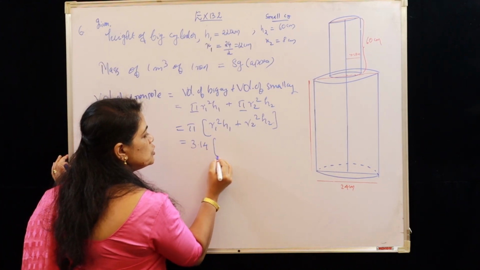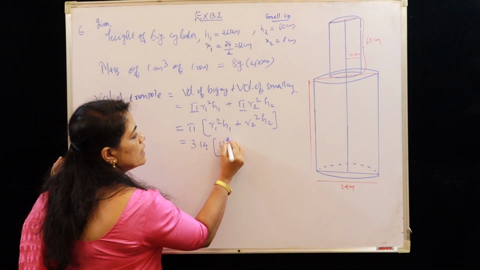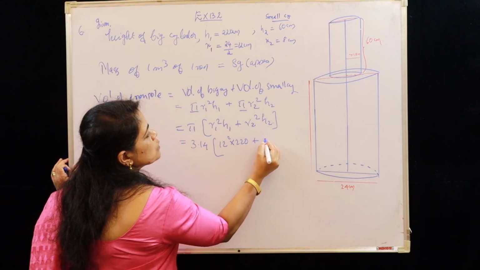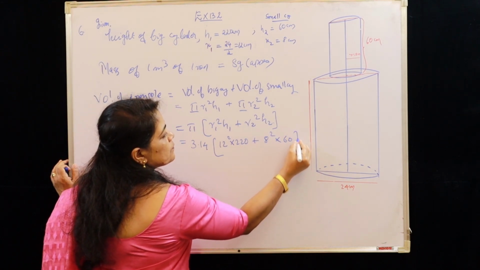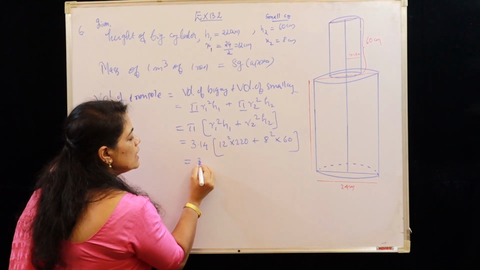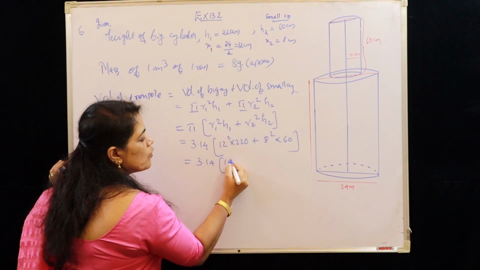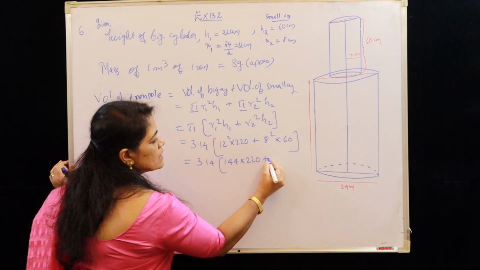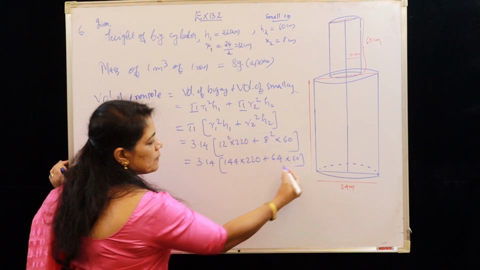3.14 into r1 square, that is 12 square, into h1 220, plus r2, 8 square, into h2, which is 60. So 3.14 into 12 square 144 into 220 plus 8 square 64 into 60.